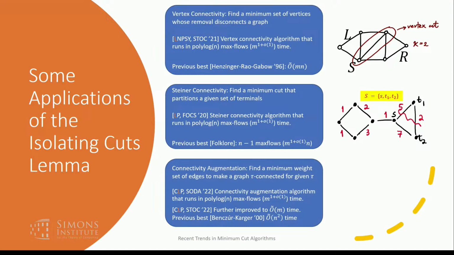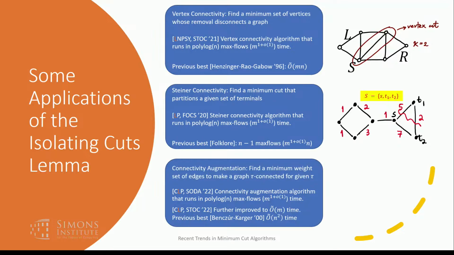More recently, we've also managed to apply isolating cuts to various forms of connectivity augmentation. This is the problem of finding a minimum weight set of edges to make a graph tau-connected for some value tau. This means that we want the min cut of the augmented graph to be at least tau. Our first result showed that through isolating cuts, we can solve this problem using polylog max flows.